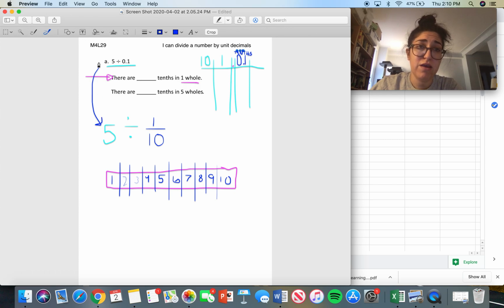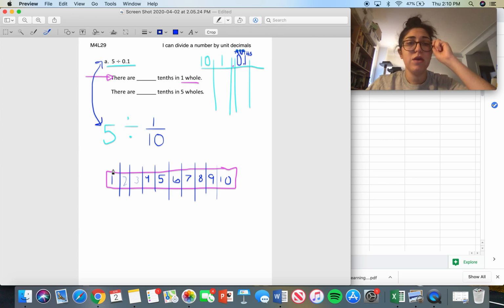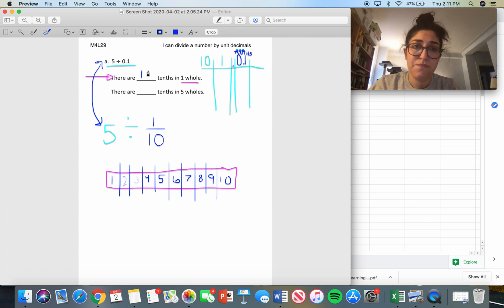By the way, these are the same, I just want to point that out really quickly. If I were just dividing 1 whole into tenths, I would get 10 tenths because there are 10 tenths in 1 whole.